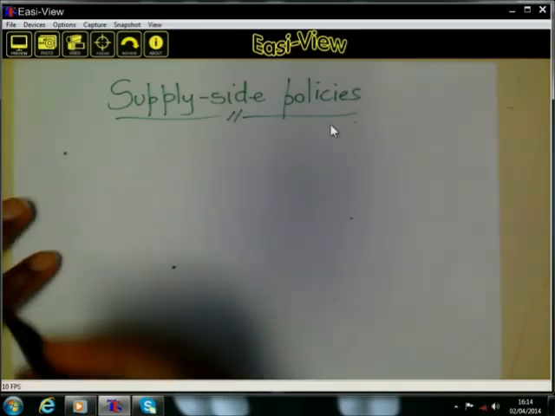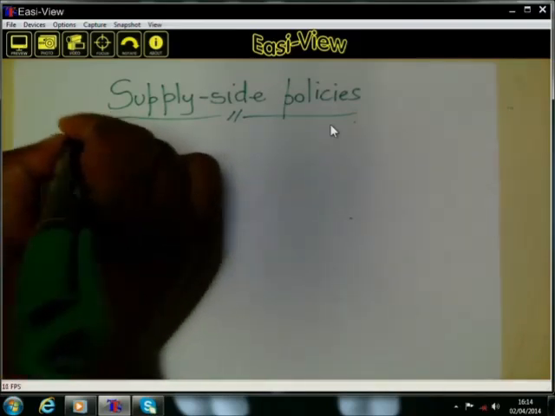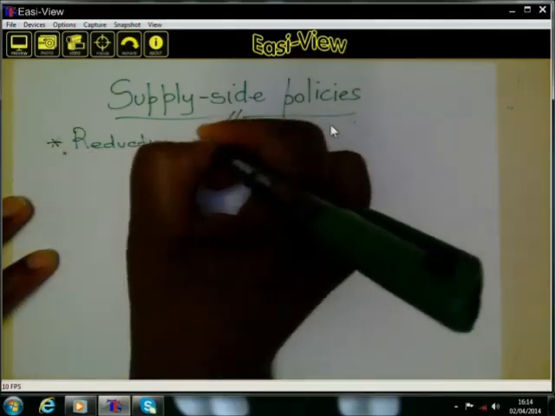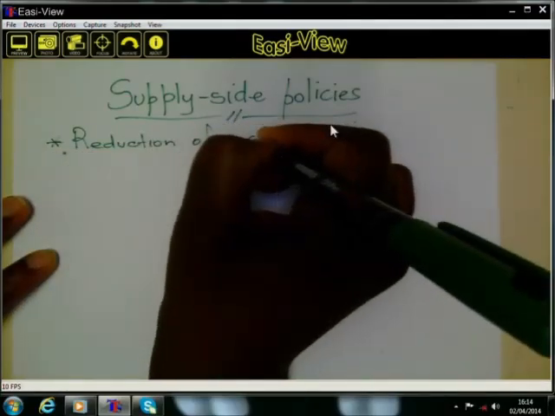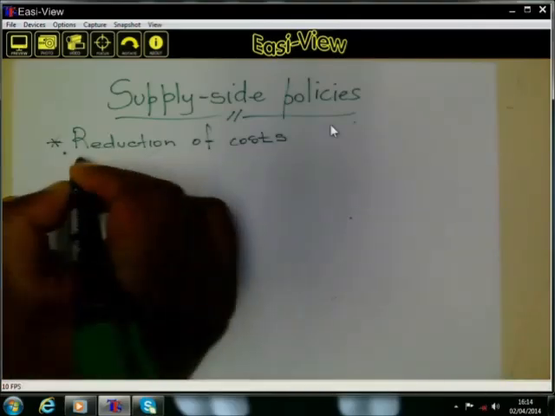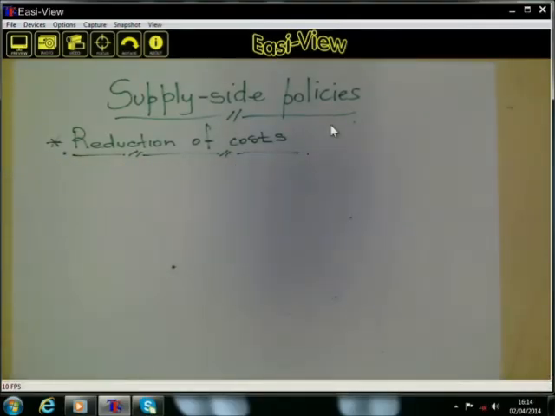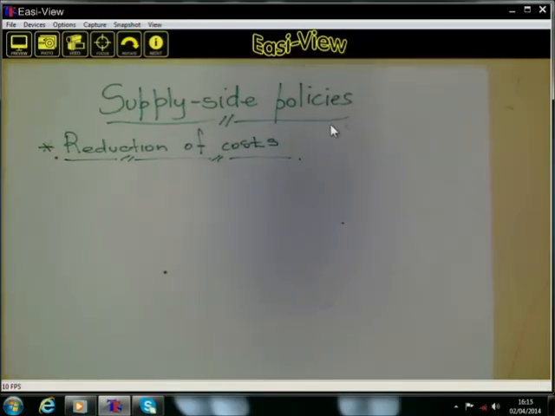The government has to make sure that they have a reduction of costs. So now, to ensure that they have a reduction of cost, what are they supposed to do? They have to make sure that the cost of making business in South Africa goes down.